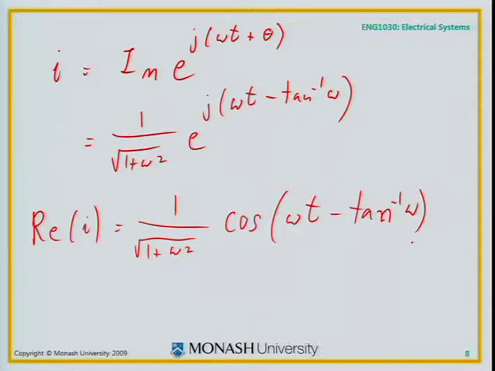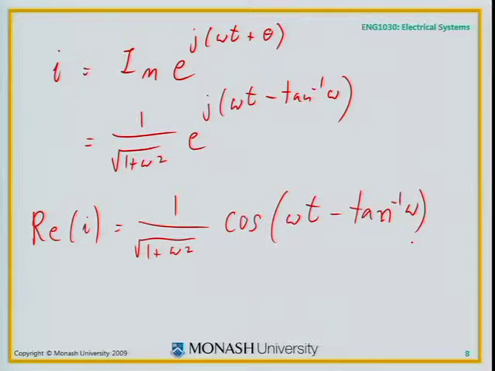Now, the good news is you don't have to solve differential equations, plug them in every time and do it. What we're getting to is to be able to take a circuit, replace inductors by j omega L, replace capacitors by 1 on j omega C, and leave the resistors as R, and just do complex circuit analysis.